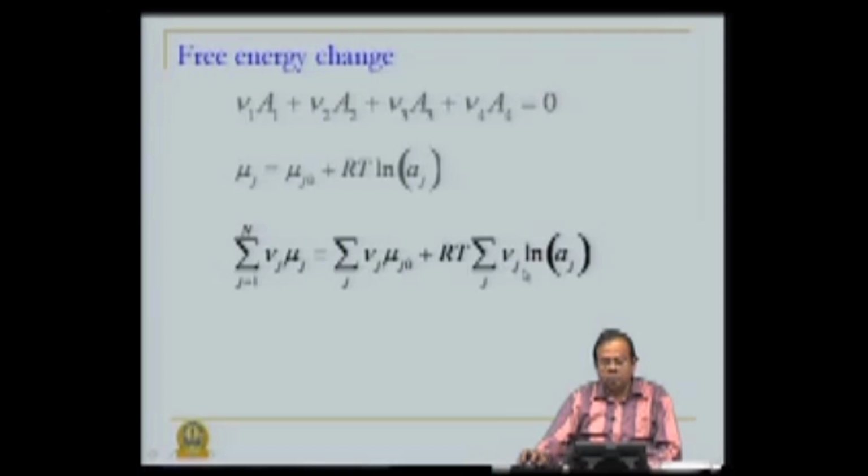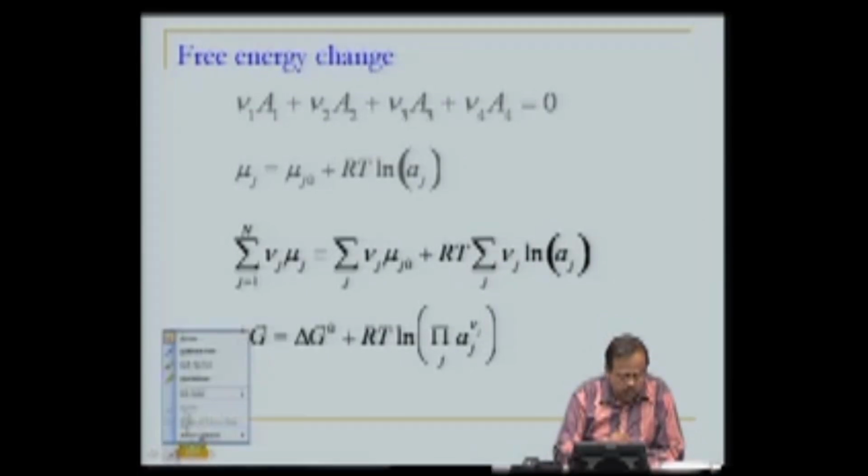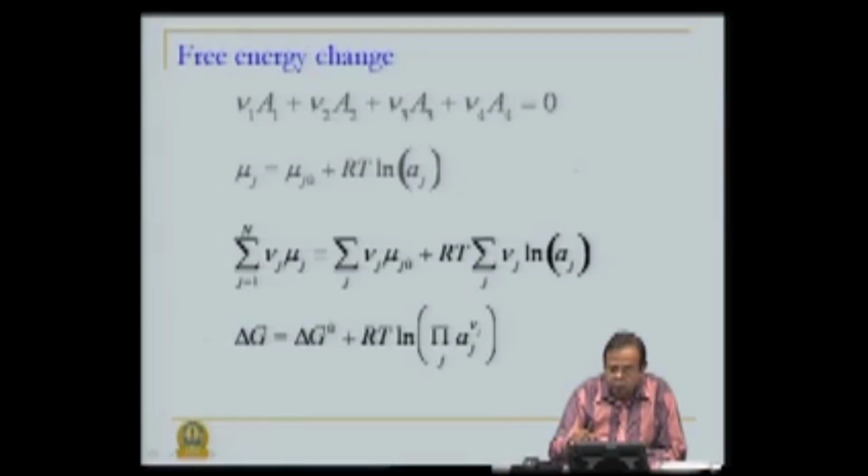So, nu_j ln A_j, and we know the summation of logs, nu_j ln A_j, is nothing but ln of the product of A_j raised to nu_j. All we are trying to do here is we have nu1 ln A1 plus nu2 ln A2 and so on.